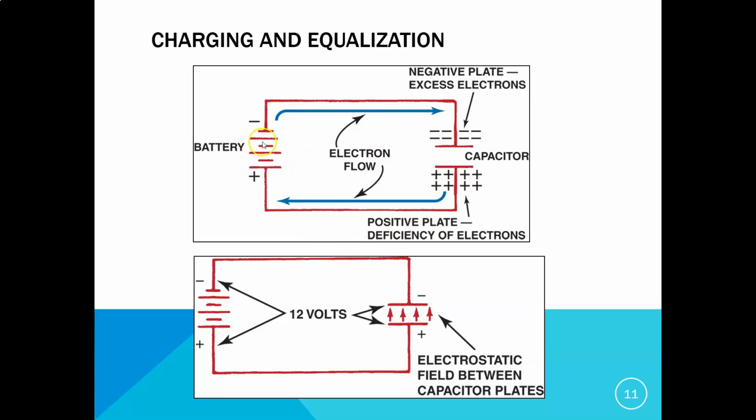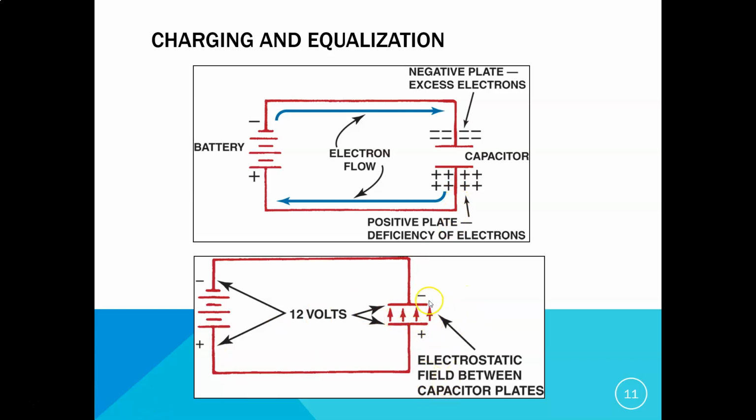So as the electrons are flowing, they flow out the negative, they go through the circuit, and back to the positive plate. So all of those negatives build up on the one side. All the electrons that are in the positive side here flow back to the battery. And now you have negative charge, positive charge.